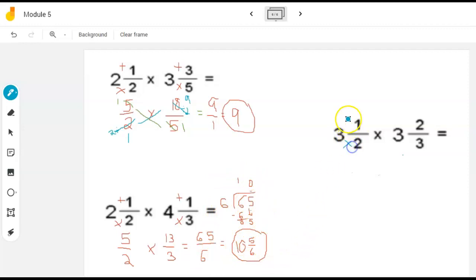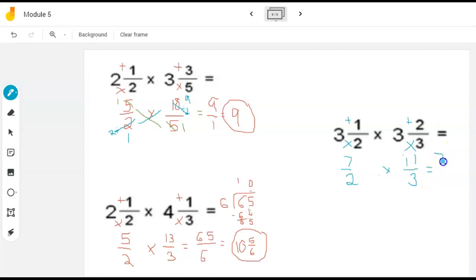All right, I'm going to talk through this one real fast. So I make them both improper fractions. I get 7 over 2 times 11 over 3. Up here in this spot, I would like you to tell me, why don't I have to get common denominators? Why do you think I'm not getting common denominators right now?